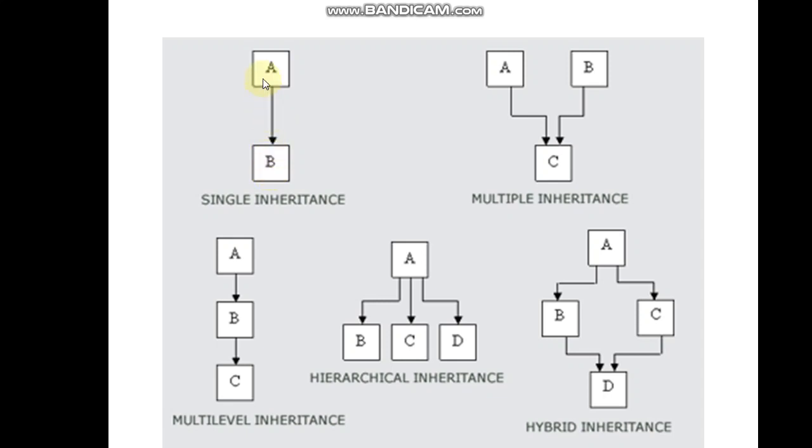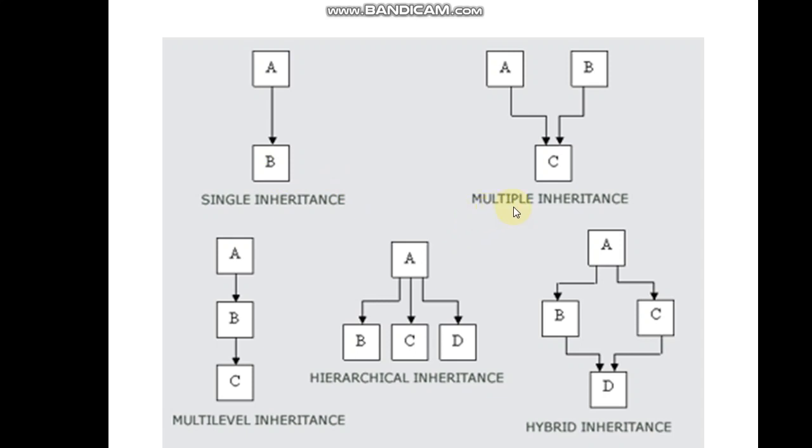Name of the base class is A. The properties like data members and member functions in A can be reused by inheriting them into the derived class B. Along with the derived members, B can have its own members.